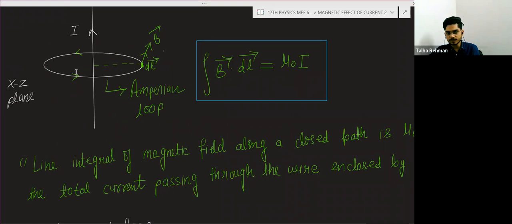This is the circular loop, and this magnetic field is tangential. At any point on the loop, the magnetic field will remain same. If you find the magnetic field here, here also the direction of magnetic field will be like this, and the magnitude of magnetic field will also be same. At all the points of the loop, the magnetic field will be same, and this loop is closed also. So there are a few points that you have to note.